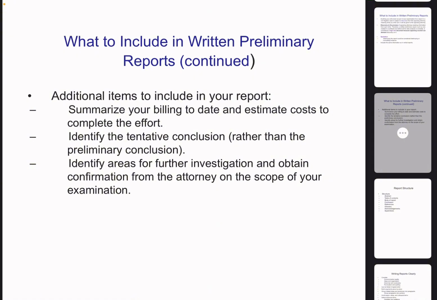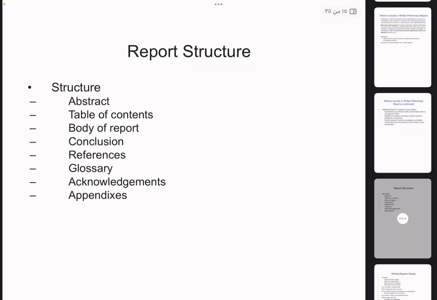Identify areas for further investigation and obtain confirmation from the attorney on the scope of your examination. Report structure: abstract, table of contents, body of report, conclusion, references, glossary, acknowledgement, appendixes.